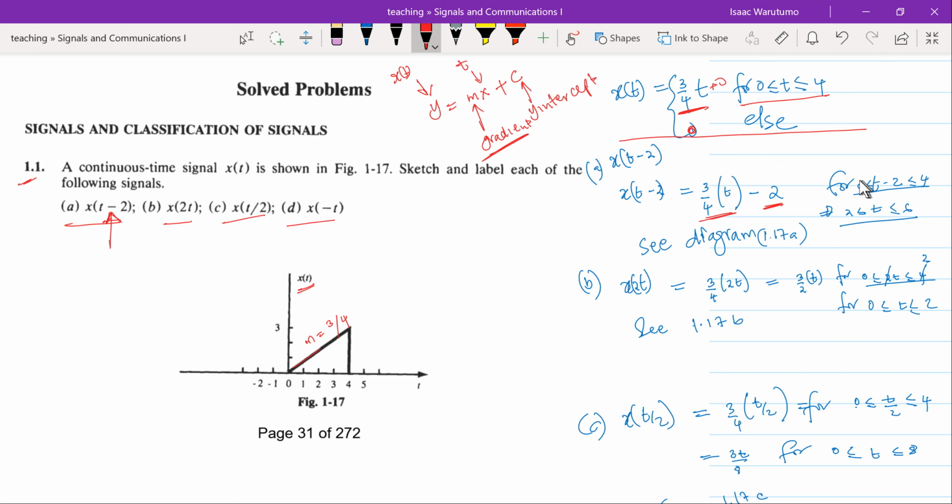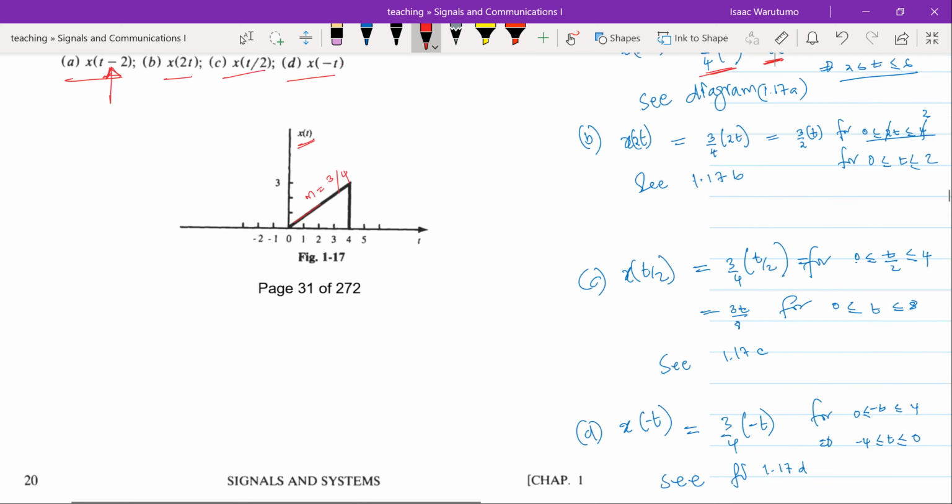When you add 2 on both sides, the lower limit is now 2, and the upper limit 4 plus 2 becomes 6. Therefore, our range is going to vary between 2 and 6. Our gradient remains as it is, and the only item that changes is the y-intercept.